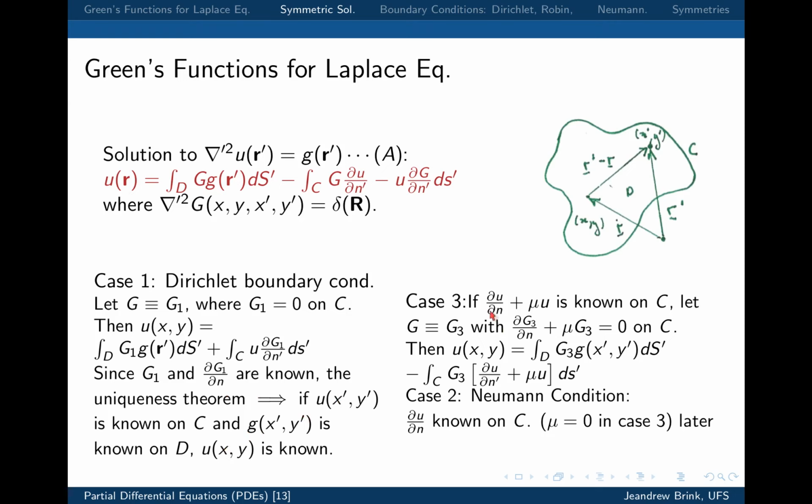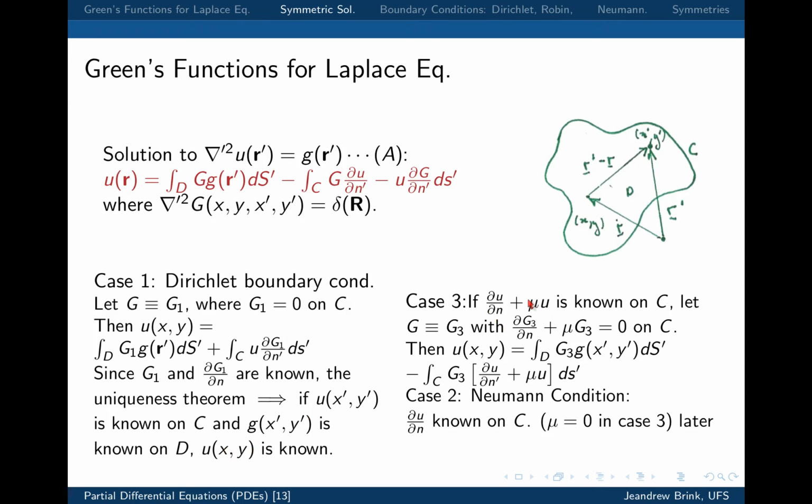And then we looked at the second case, which are called Robin boundary conditions. If you're given this combination, you can do exactly the same thing and find a different Green's function. Note that g1 and g2 are different because the boundary condition each has to satisfy is different, and we'll see examples of this illustrated in this lecture.